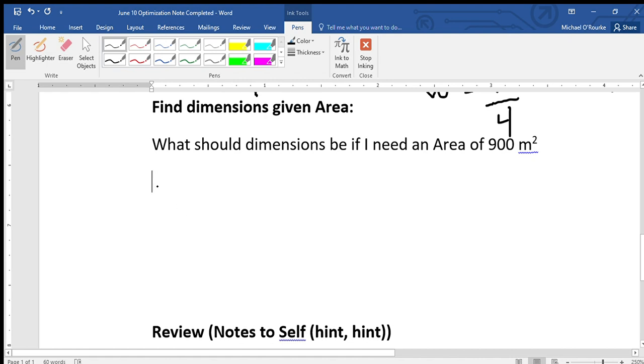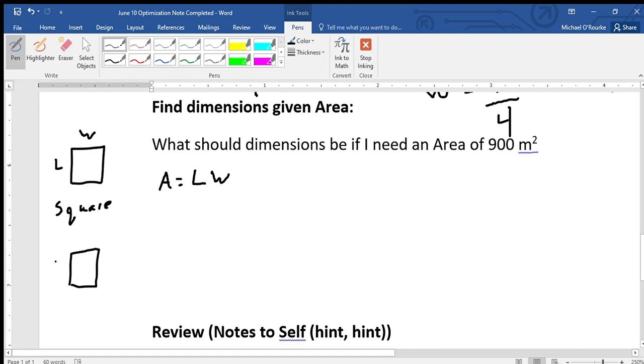So let's take a look here at what we know. Well, we know area equals length times width. And we're making a 4-sided shape, length and width. Now we know the best 4-sided shape is a square. So we know in a square that length equals width.